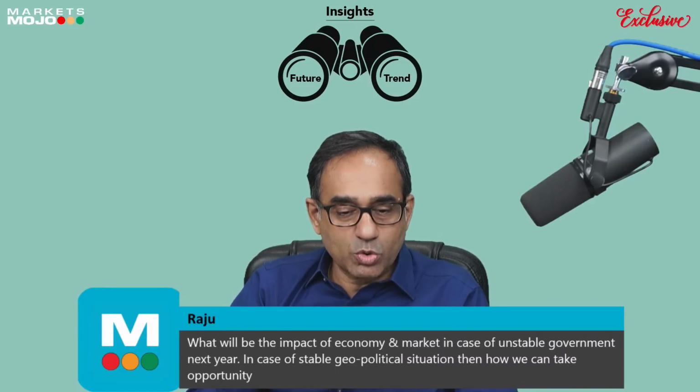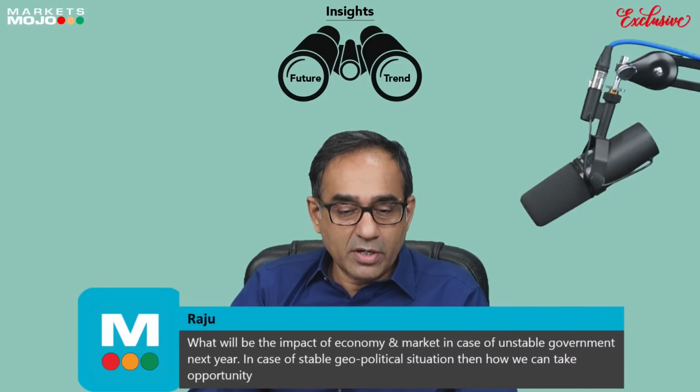What was it? The Indian market has moved up despite the coalition government, big government, and so on. So my sense is very clear cut, sir. Whether it's a stable government, a coalition government, or a strong government, I think this market is going to keep moving up purely because of India's growth story.